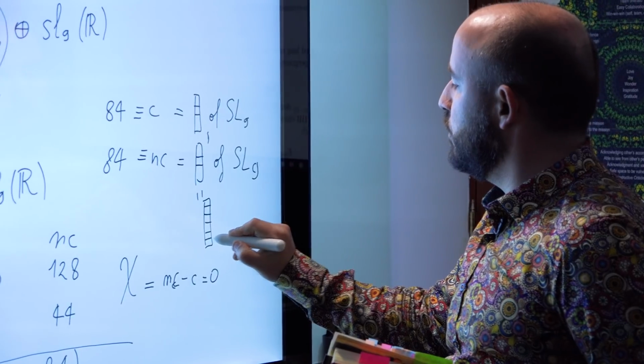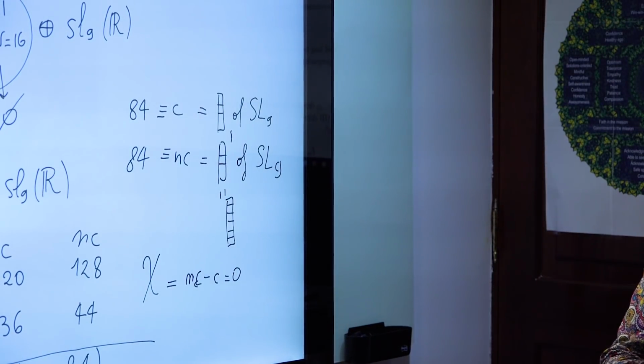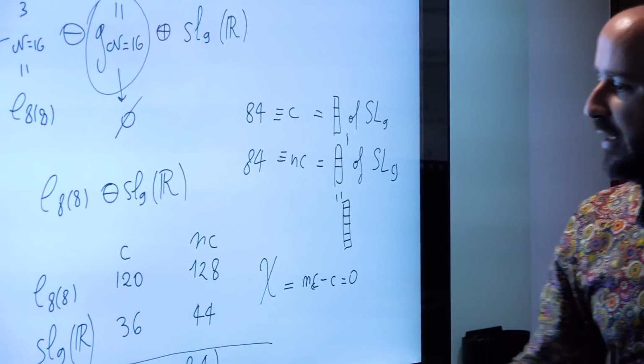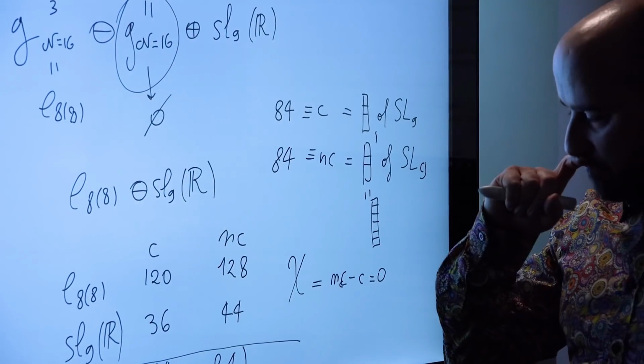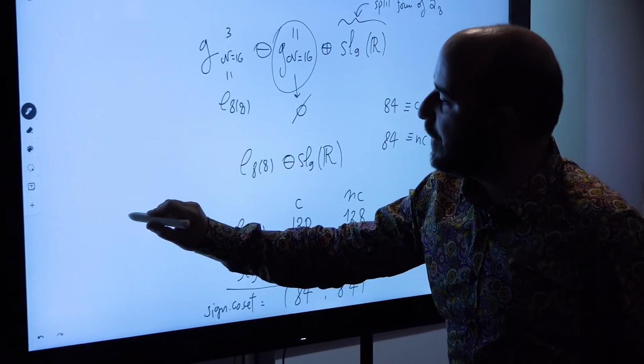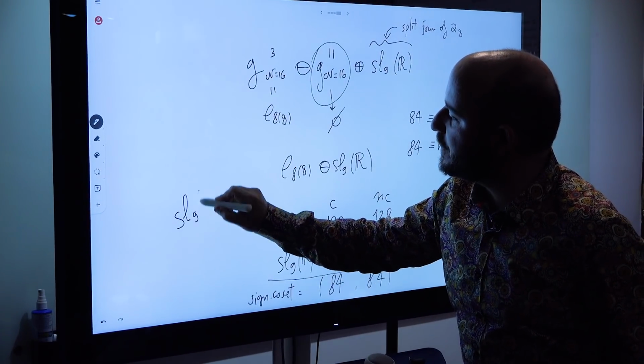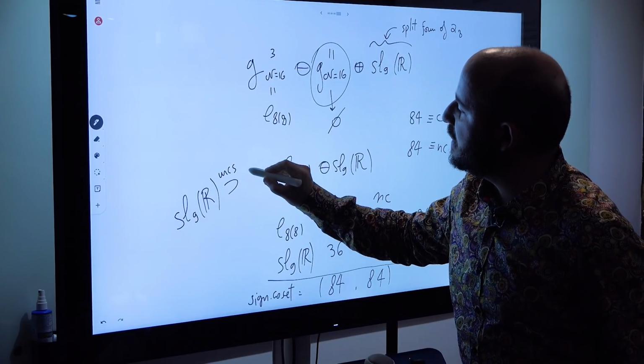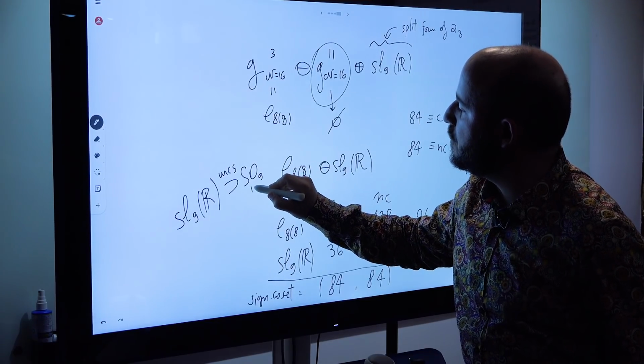Now I will be more explicit. What happens is that, as I told Marcello before, physically what is important is the maximal compact subalgebra of SL9, which is SO9, or B4.